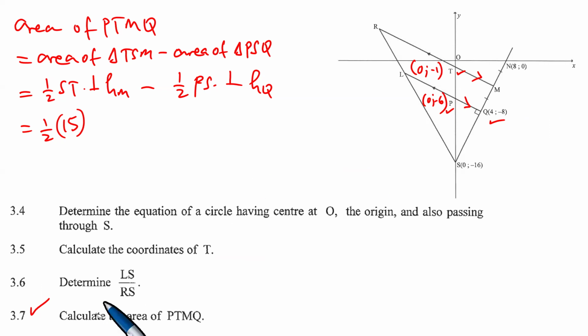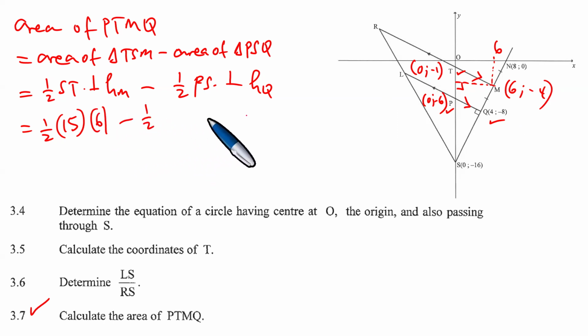Okay, so the coordinates of M, I'm just going to write them here. We got them earlier, but the coordinates of M are exactly 6, -4. So now you have the perpendicular height through M here, which is how much on the x-axis one migrates horizontally, and the perpendicular height is exactly 6.